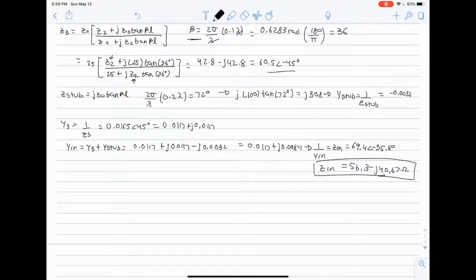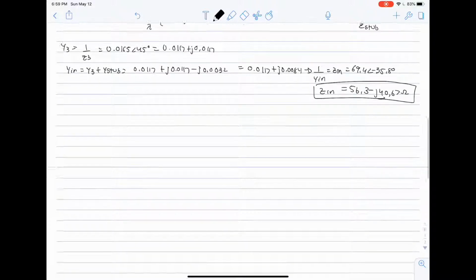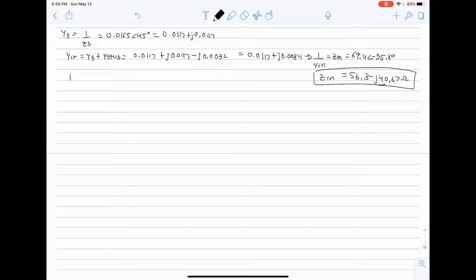Next we can calculate our gamma in. Our gamma in is just our input impedance minus Z0 of the system over Z in plus Z0 of the system.